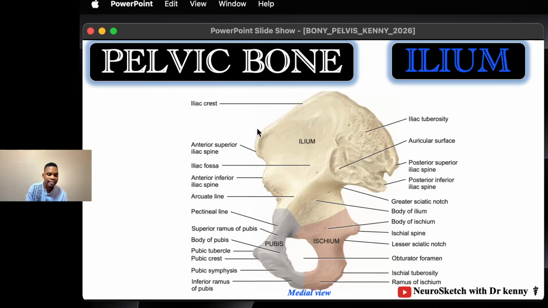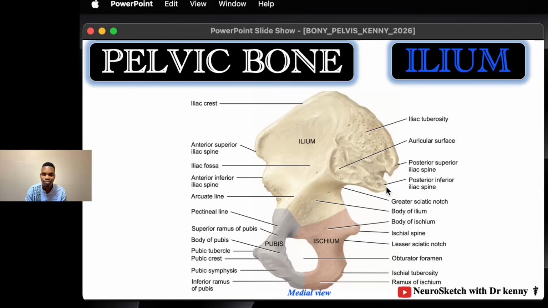Now, if you trace the iliac crest posteriorly, it's going to end by forming another bony prominence, which is called the posterior superior iliac spine. Remember, you had the anterior superior iliac spine here. Posteriorly, you have the posterior superior iliac spine, and below it the posterior inferior iliac spine.